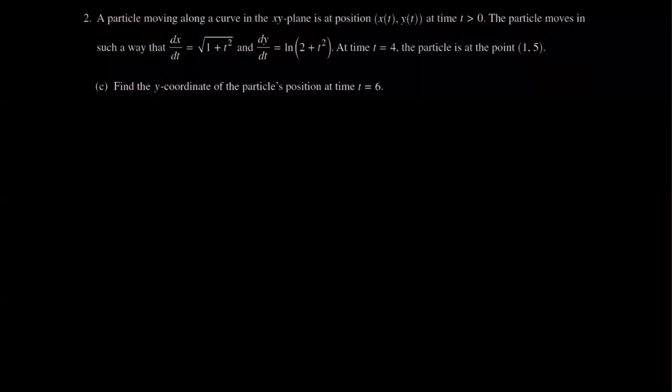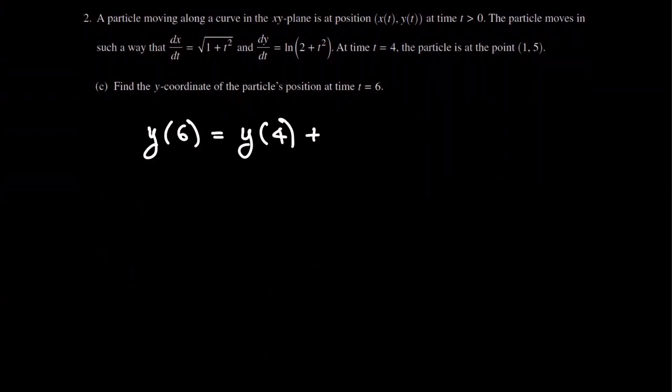In this question, we need to find the y-coordinate of the particle's position at time t equals 6. And recall from the fundamental theorem of calculus that y at time 6 is equal to y at time 4 plus the integral from 4 to 6 of dy/dt.